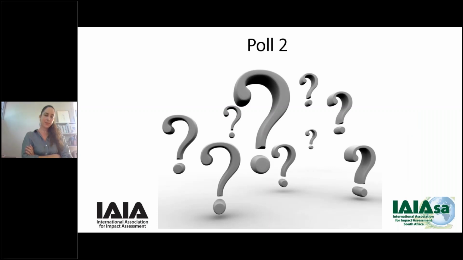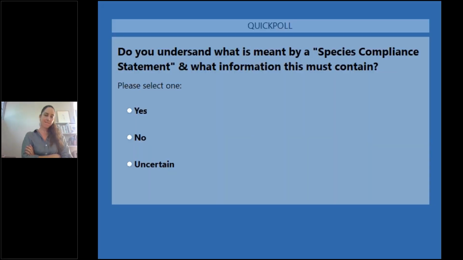Final poll for the day is this: do you understand what is meant by a species compliance statement and what information this must contain? Please respond yes, no, or uncertain. Again, the question: do you understand what is meant by a species compliance statement and what information this must contain?